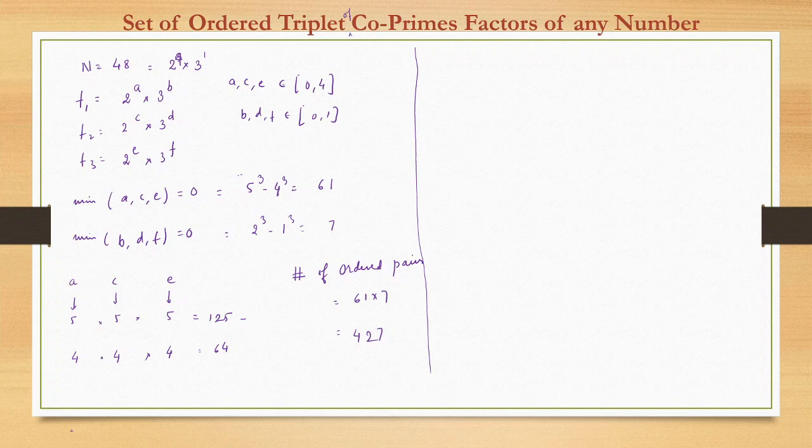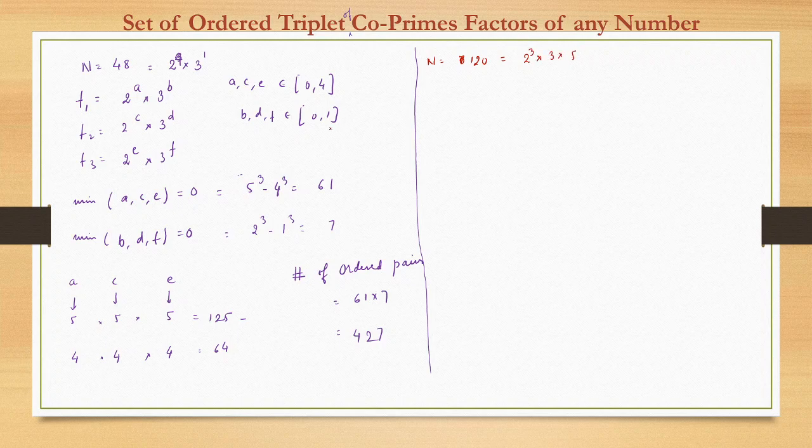Now we'll take another example just to consolidate this concept. So let us take another example, n is 120, which is nothing but 2 cube into 3 into 5.